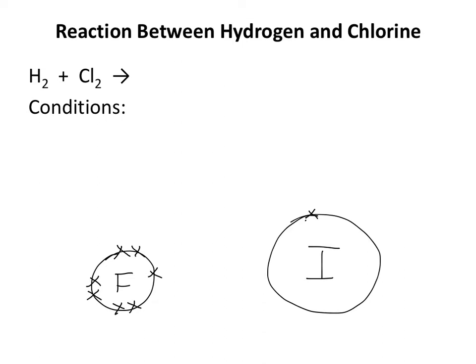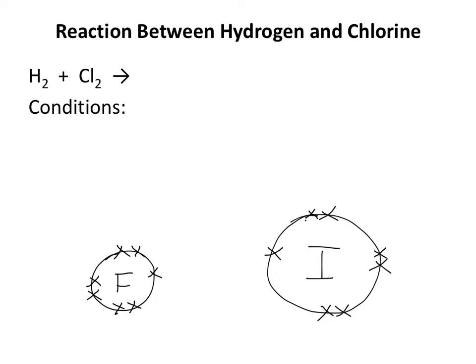Now halogens react by gaining an electron, and the thing that attracts the electrons to the atom would be the nucleus, because the nucleus is full of positive protons, so it drags in the negative electrons. So the closer the nucleus is to the outer shell, the more likely it is to attract that extra electron.